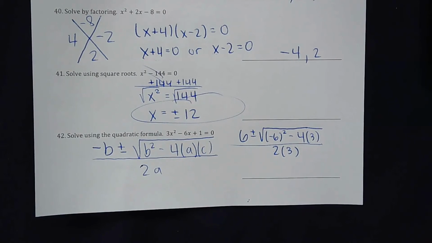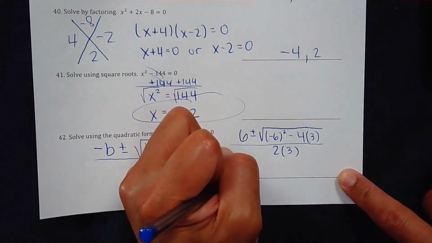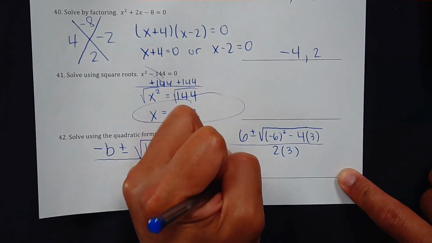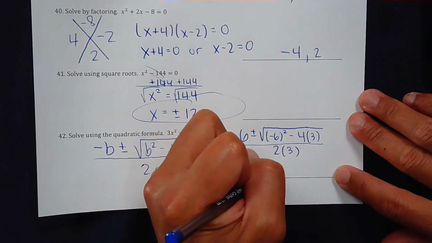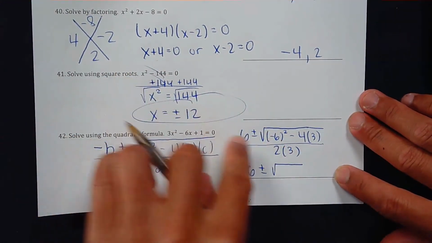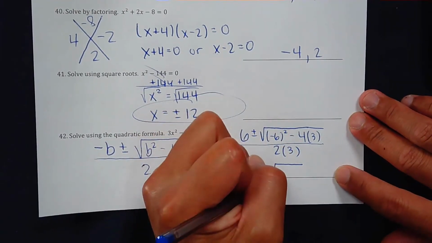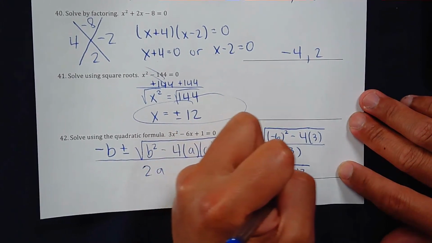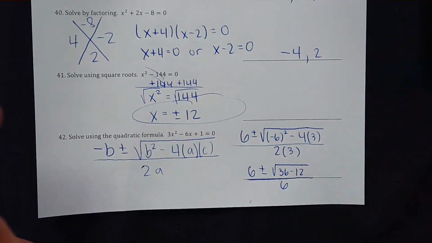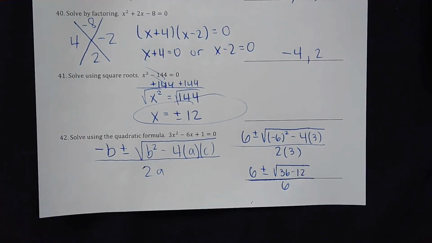All right, simplifying this a bit more, we get 6. So this isn't the final answer, even though this is on the final answer line. 6 plus or minus the square root. Let's see, square root of negative 6 squared, that gives us 36 minus 12, all divided by 6. Okay, I think I might actually need another piece of paper.